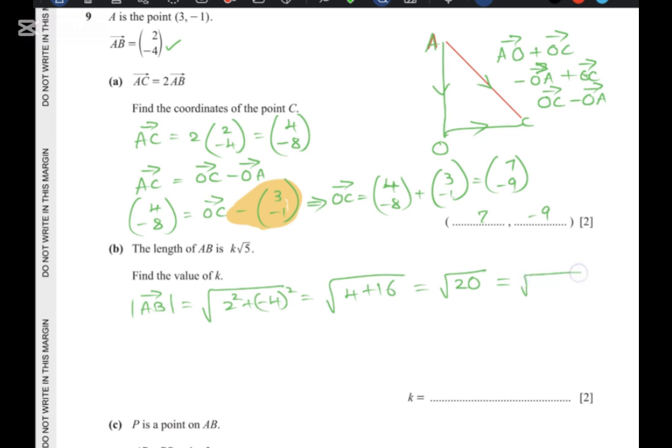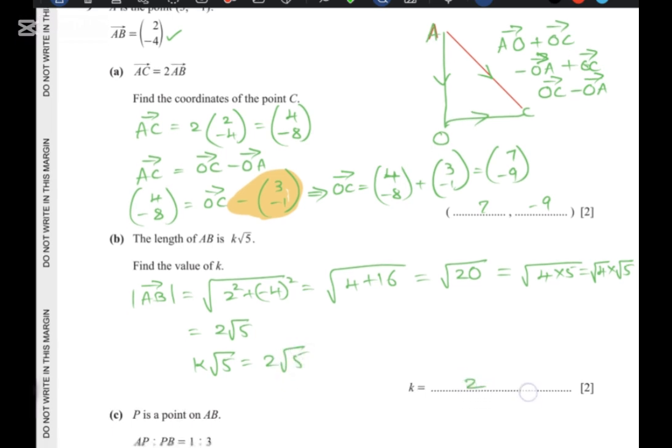So I can write 20 as 4 into 5 and separate them as root 4 into root 5. So root 4 is 2, so 2 root 5, which is k root 5. So what is k? k root 5 is equal to 2 root 5, so k will be 2. Question B is done.